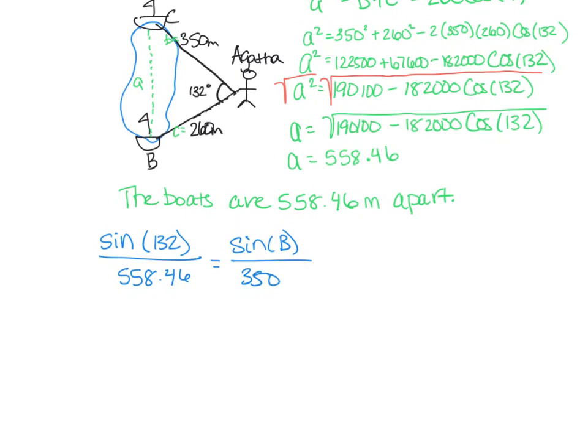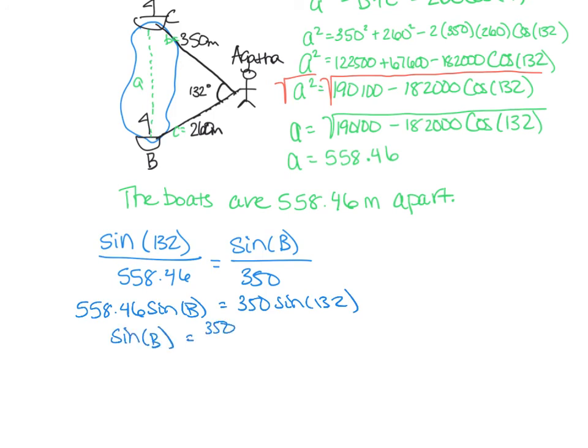Okay, now we're going to cross multiply and have 558.46 times sine of B is equal to 350 times sine of 132. I'm going to divide both sides by 558.46. So I get sine of B is equal to all of this.